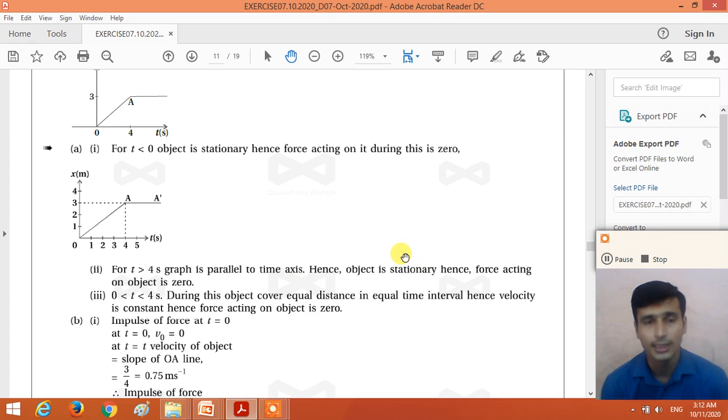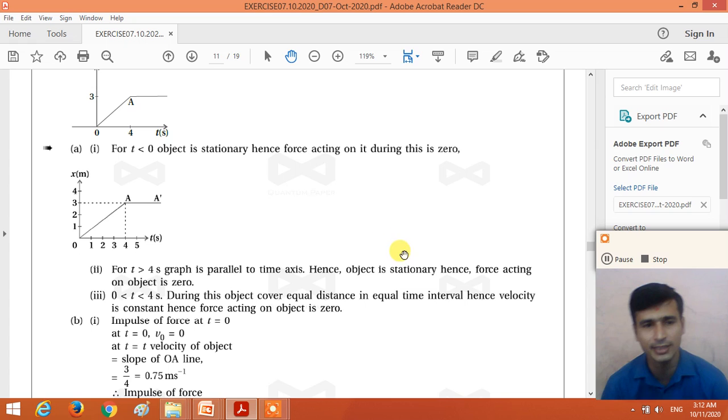So dear student, in all three cases the force acting on the object is 0. In the first case, the graph is a straight line parallel to the time axis, so the object is stationary and the force is 0. In the second case, t greater than 4 seconds, the graph is again parallel to the time axis, so the object is stationary and the force is 0.